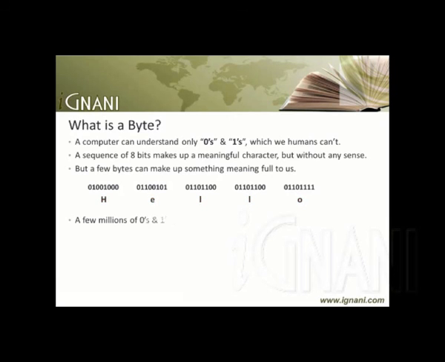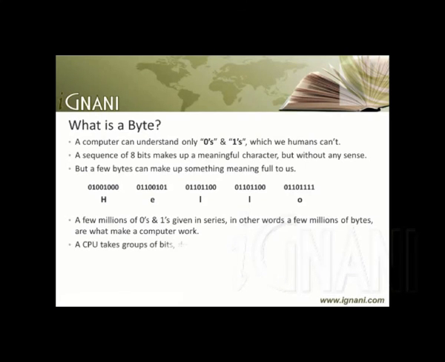A few millions of zeros and ones, given in series, is what makes a computer work. Fundamentally, computers perform operations on groups of bits. A microprocessor, which processes these groups of bits, though very primitive, is very fast.